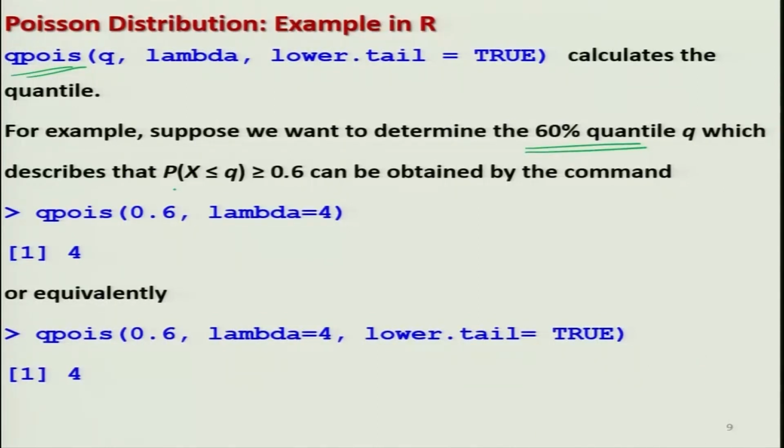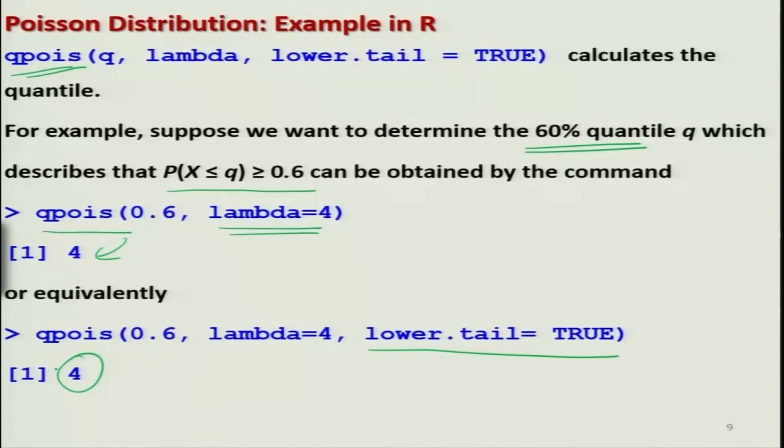That is, we want to compute the value q such that the probability that x is less than or equal to q is greater than or equal to 0.6. This can be obtained by the command qpois(0.6, lambda = 4), and this will give the value 4. Similarly, if you use the option lower.tail equal to TRUE, that will also give you the same value 4.